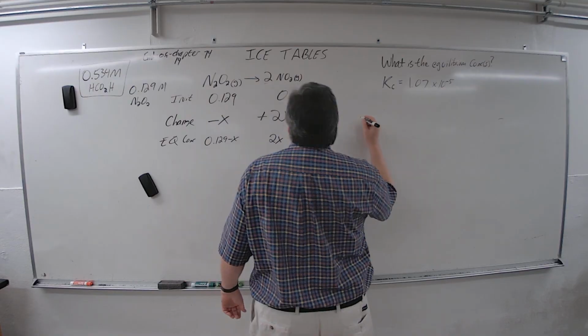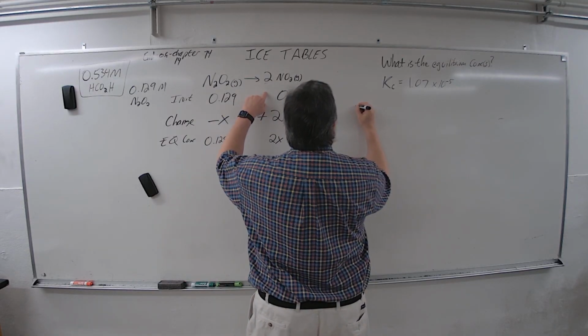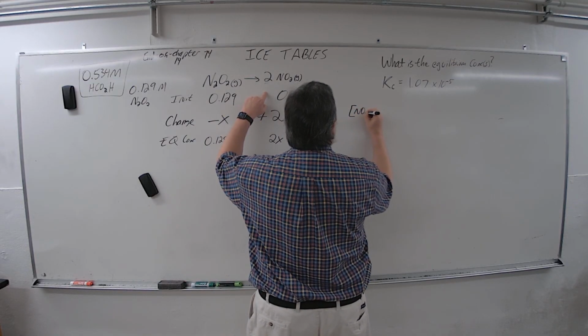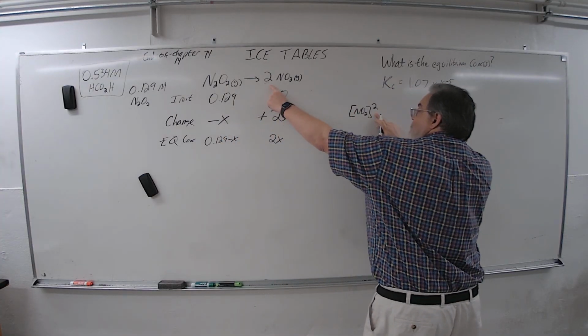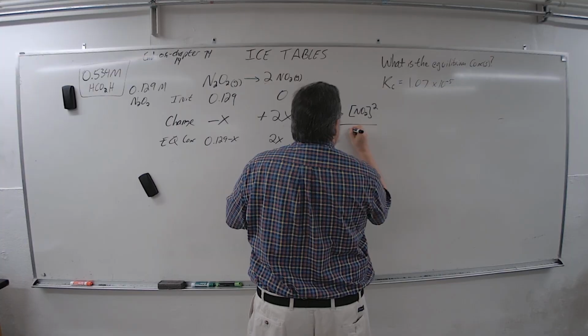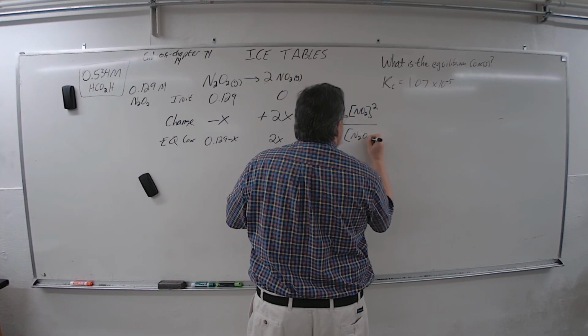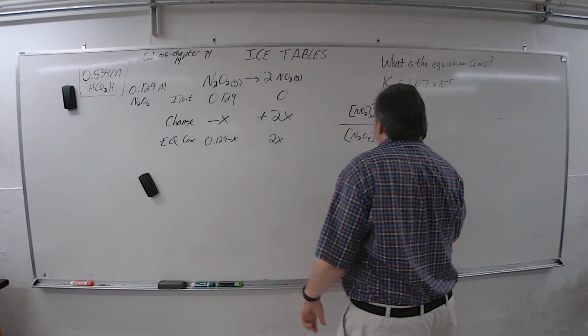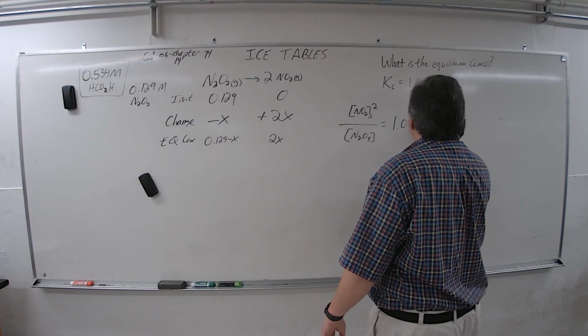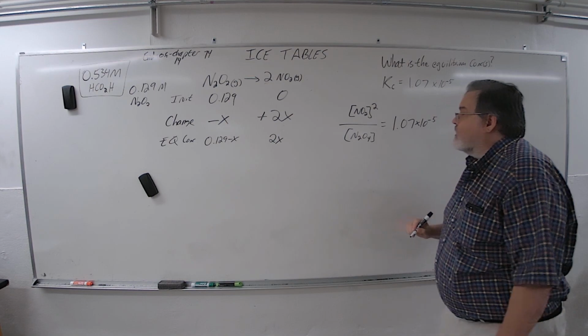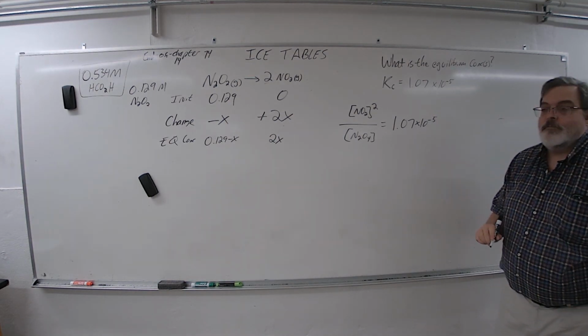So we can write this squared. Don't forget this square because of this. Equals 1.07 times 10 to the negative 5. You guys with me?